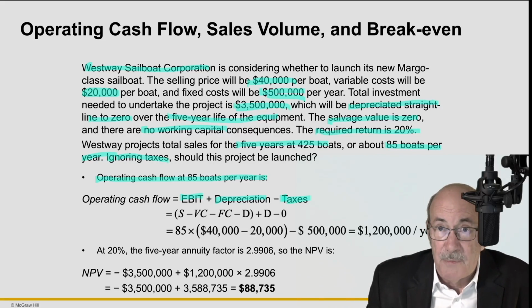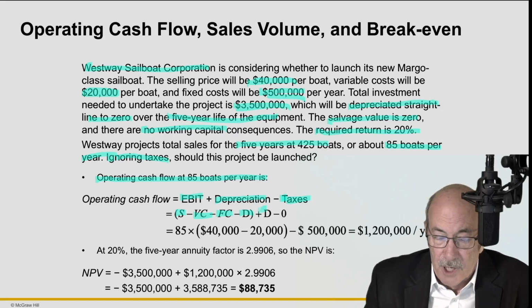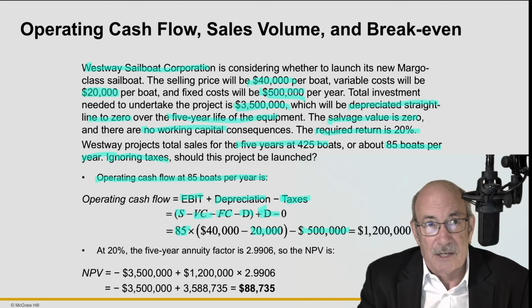Here is EBIT. It's sales minus variable costs, minus fixed costs, minus depreciation. But we add back the depreciation. So that's 85 units sold at $40,000 with a $20,000 variable cost. Subtract off the fixed costs. And since we're subtracting and adding depreciation, that just goes away.